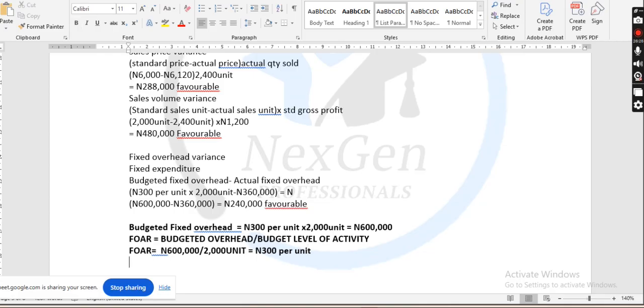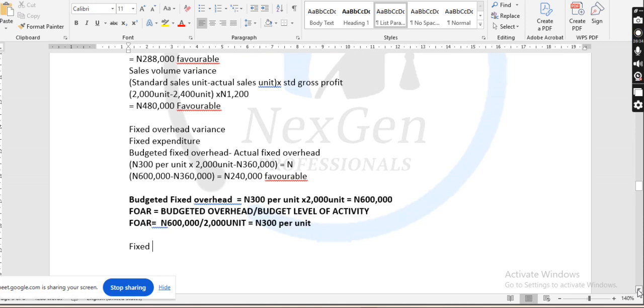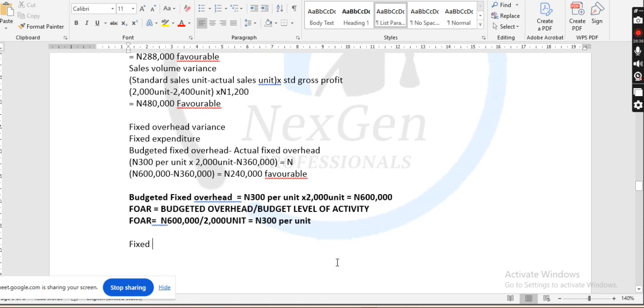So after the fixed expenditure, there is the fixed efficiency variance, before we move to the reconciliation. Please, anywhere you see efficiency, it is hours.